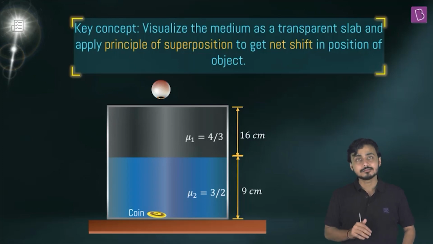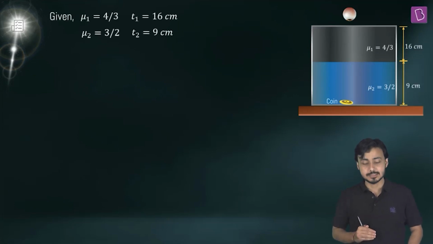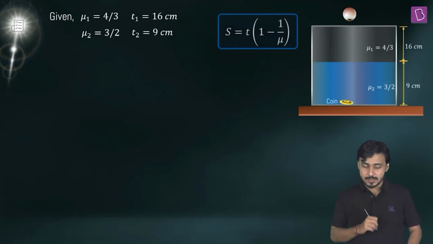We can do it like this, or we can use something else. What else, we will discuss at the end of this problem. Now, if you take this system and apply the formula for shifting for each slab, for the given data, T1 mu1, T2 mu2, the shift for each slab is provided by this formula.